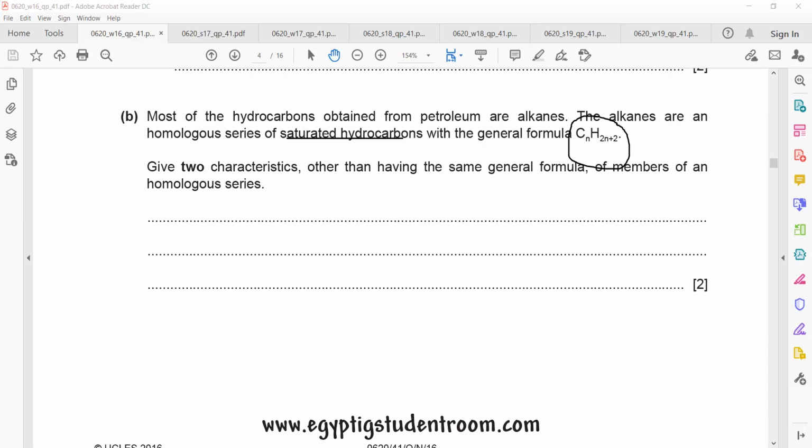Same method of formation, same chemical properties, same physical properties. So you can mention they have similar or the same chemical properties. They will have the same functional group as well. Physical properties show a trend or gradually change. Each member differs by CH2, or they have the same method of preparation.